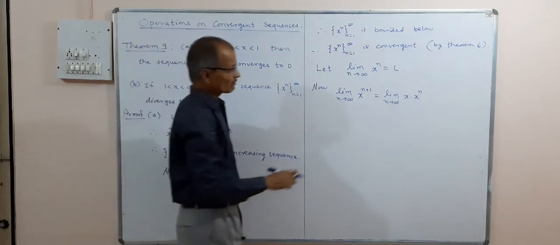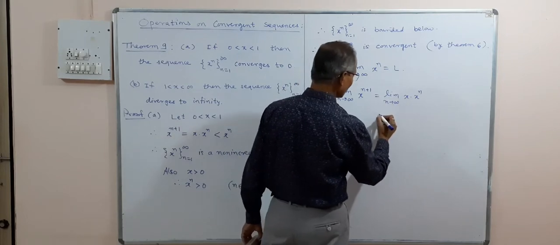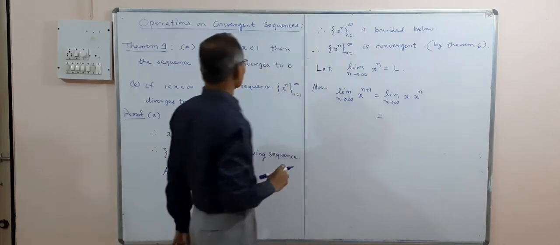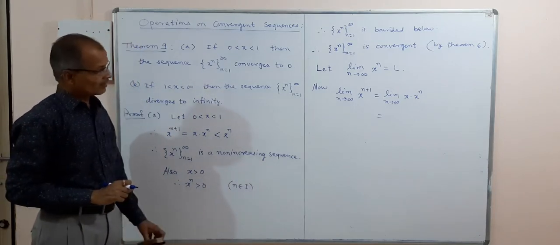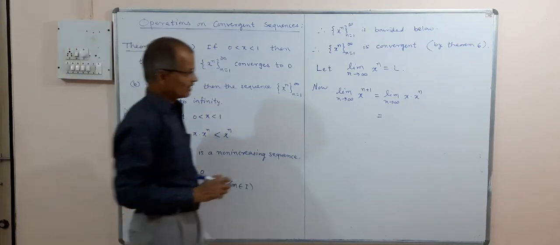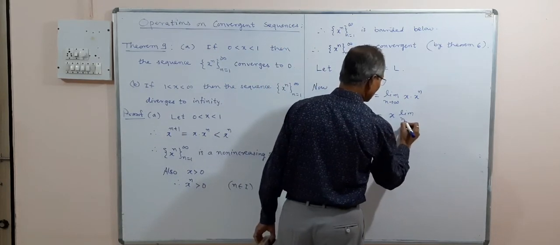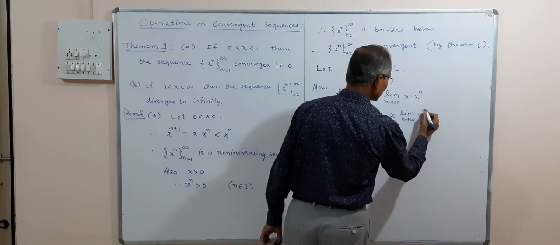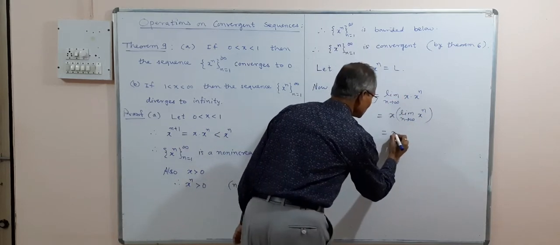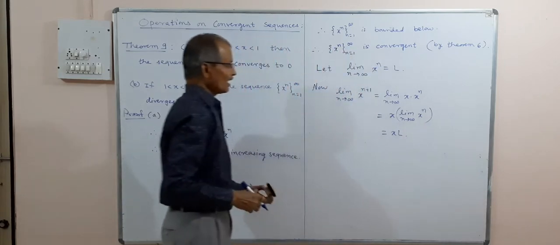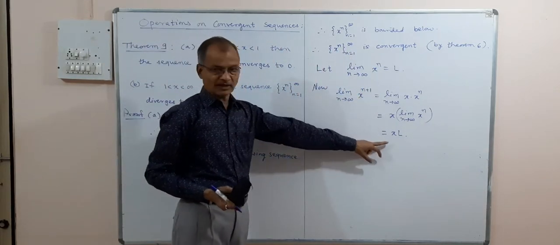The limit is on n, therefore this x may be written outside, by the earlier theorem 8: limit of C s_n is equal to C into limit of s_n. So this is x times the limit as n tends to infinity of x raised to n, which we have assumed as L. So this is xL, and thus the limit of the sequence x raised to n plus 1 is x times L.